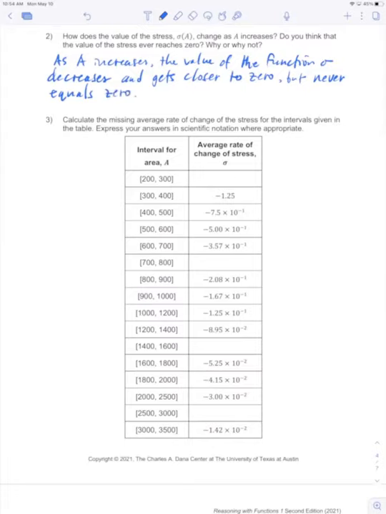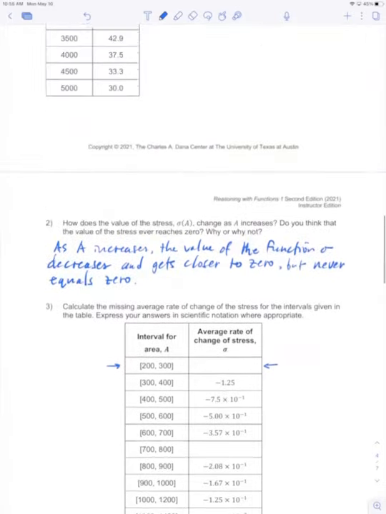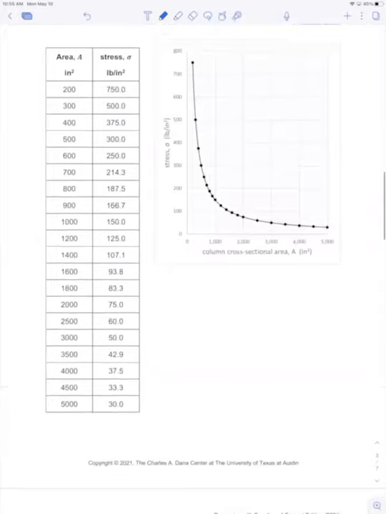Part 3. Calculate the missing average rate of change of the stress for the intervals given in the table. Express your answers in scientific notation where appropriate. So the first part that's missing, I'm just going to draw an arrow next to it, the first row here. Notice the average rate of stress is empty in that column. The interval for A is 200 to 300, the same as in our original table, with stress values 750 and 500.